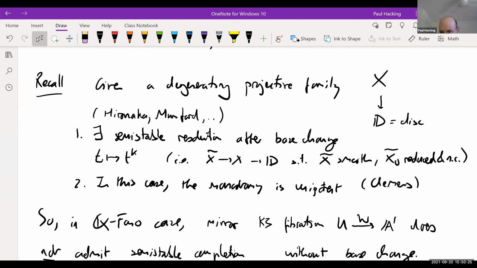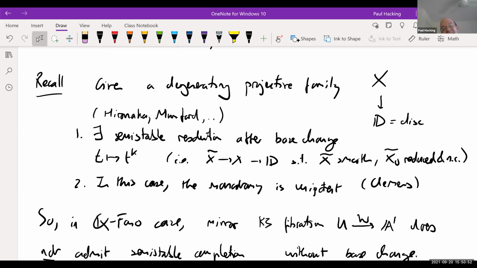It's a resolution of the total space such that the central fiber is reduced, so multiplicity 1, and normal crossing. And in this case, I'm not sure if this is originally due to Clemens, but certainly Clemens computed explicitly that the monodromy is a unipotent operator on the cohomology.